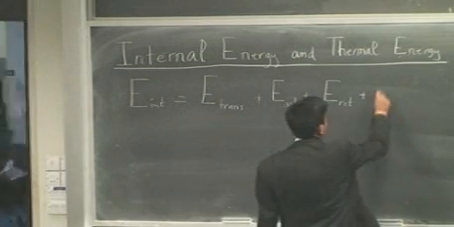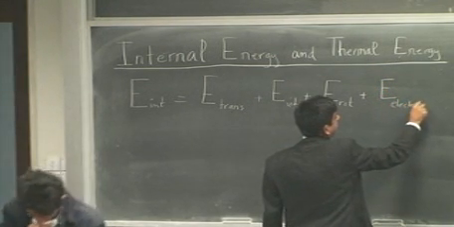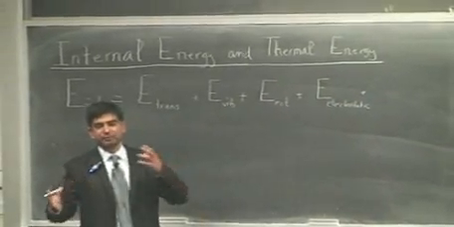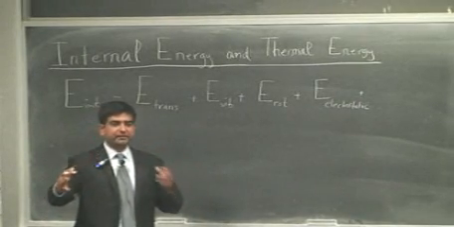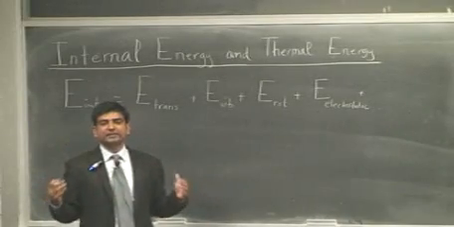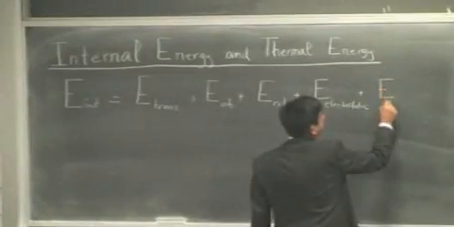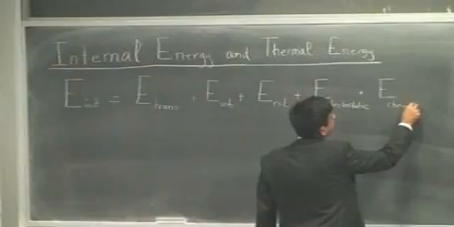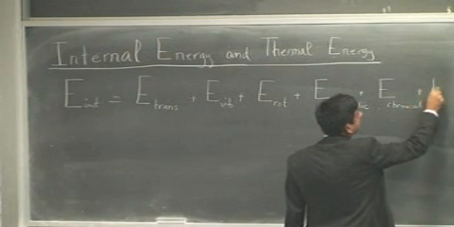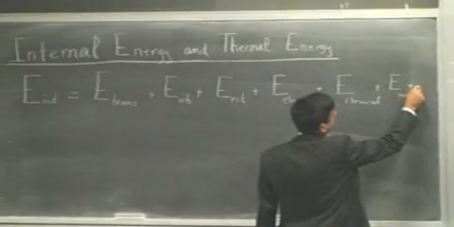For example, an electrostatic component: the system could be charged, the positive centers could be attracting the negative centers, the positive centers could be repelling one another. So there is an electrostatic contribution to the internal energy. There could be chemical energy, for example, energy stored inside the ATP molecule. There could be magnetic energy, and so on and so forth.